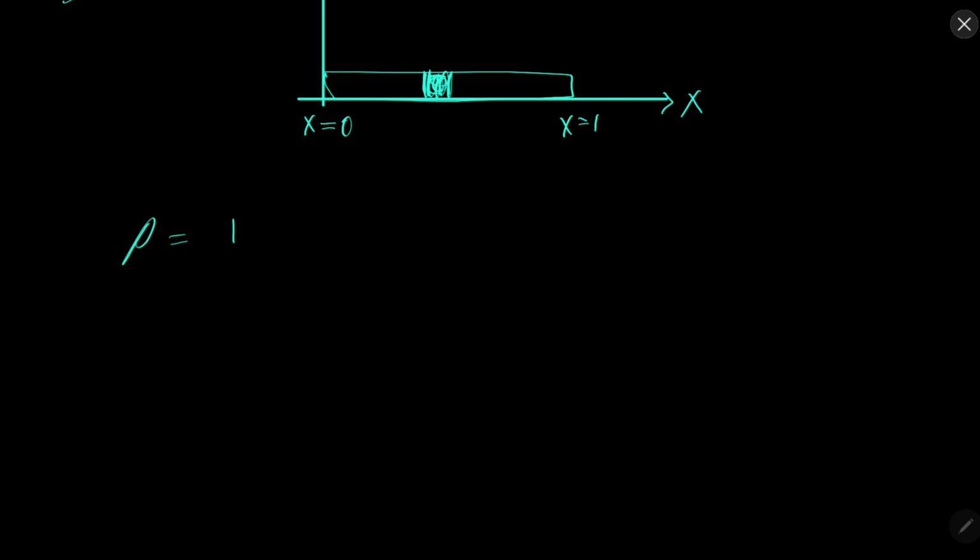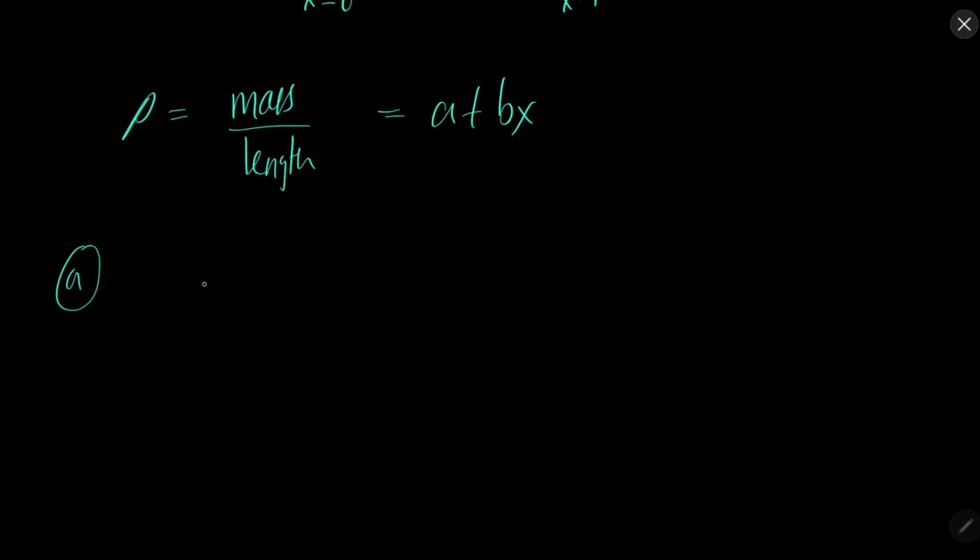So we know that density is mass over length, linear density, A plus bx. Now the SI unit of A will be the same as that of bx. So the SI unit of A will be kilogram per meter, and for bx it will be obviously kilogram per meter.